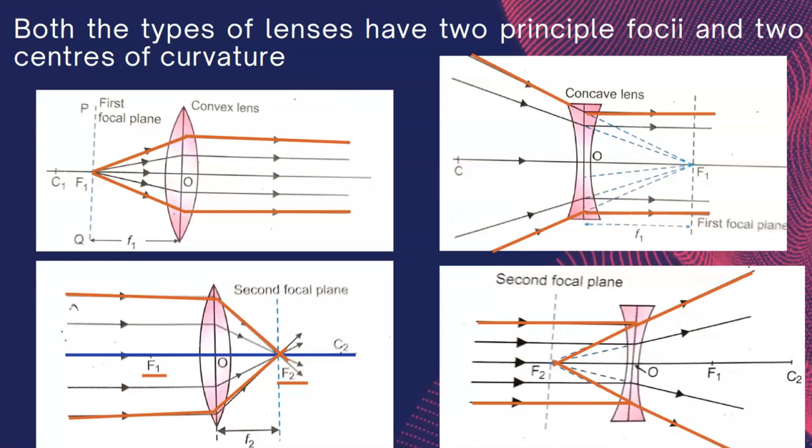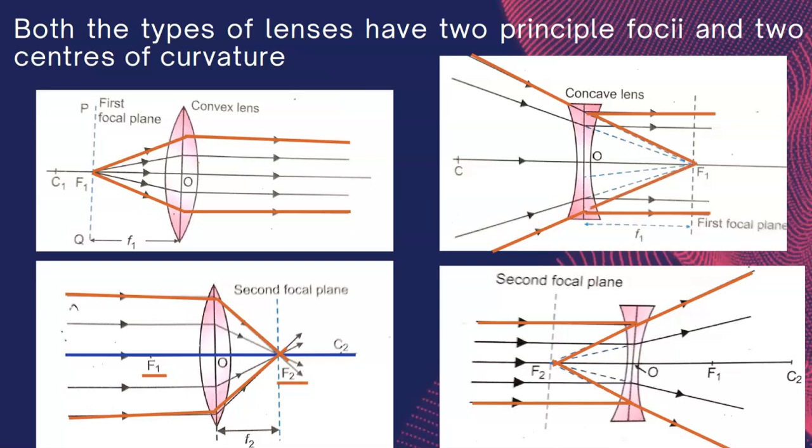So, we are supposed to remember both ways. In the bottom diagram, the rays are coming from infinity and they are divergent. They form a virtual image at F2. In the diagram at the top, diverging rays are incident on the concave lens. After refraction, they go parallel to the principal axis and they form a virtual image at F1.